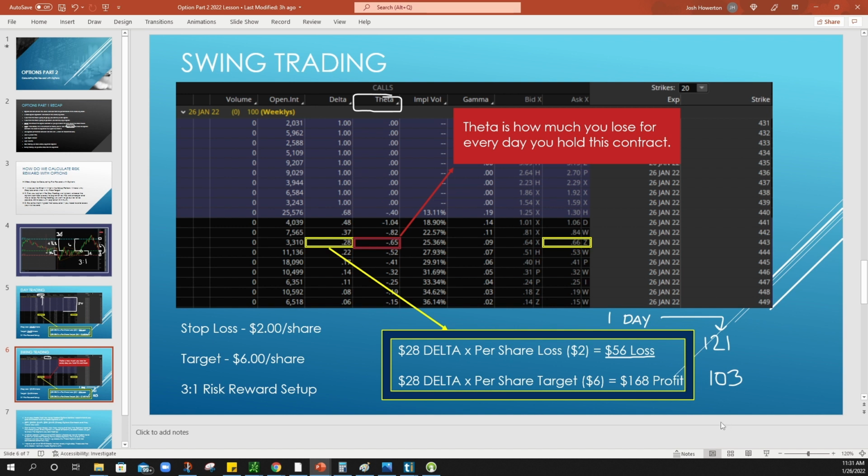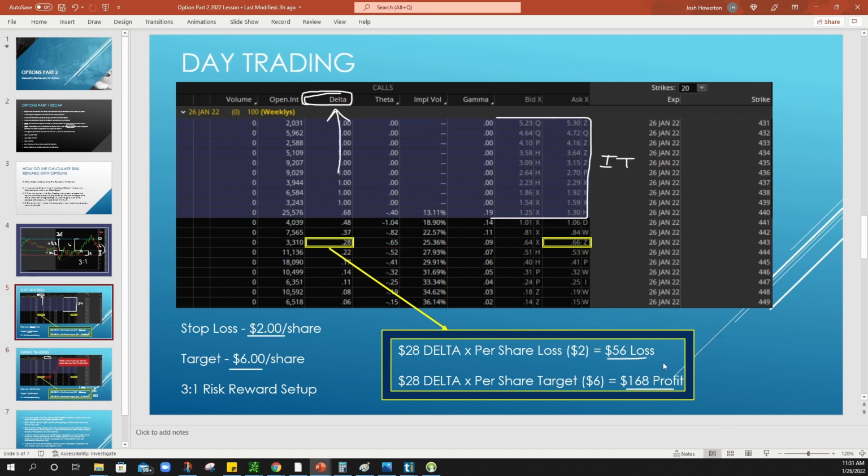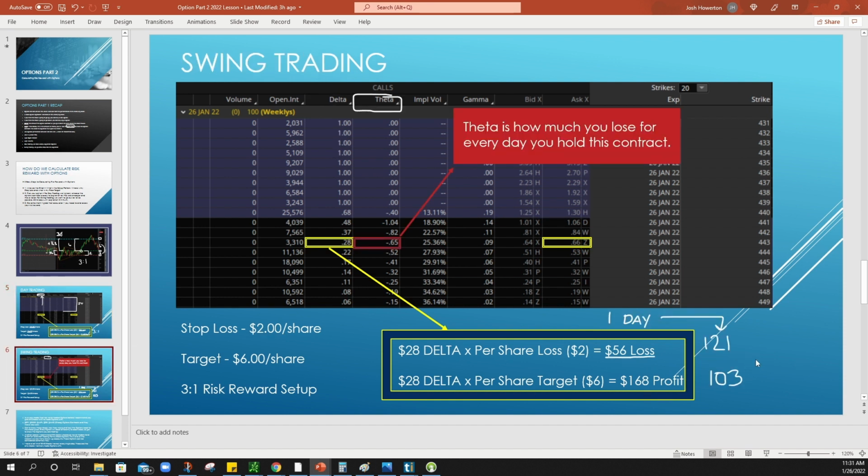Take a look at this now. From what was a great risk reward, 3 to 1 on a day trade, it is now less than a 1 to 1. Your loss, 121, is more than your profit, 103, just because you're holding the contract overnight.